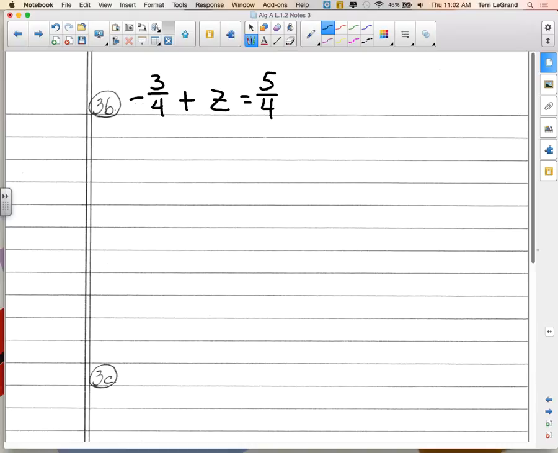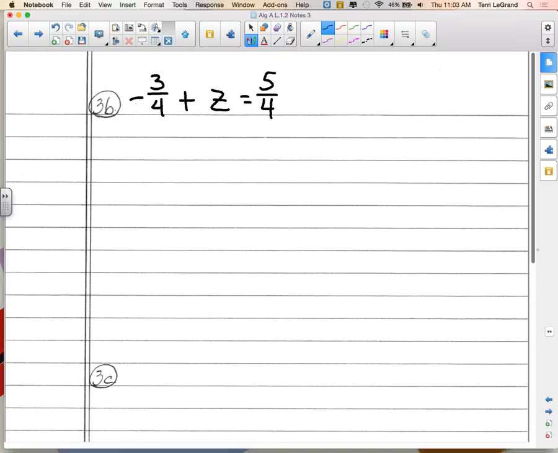So, the question was, can we read this as z plus negative 3/4? Is that okay? Why not? So you're telling me that 4 plus 5 is not the same as 5 plus 4? Can I do 4 plus 5 and then I can read it instead 5 plus 4?